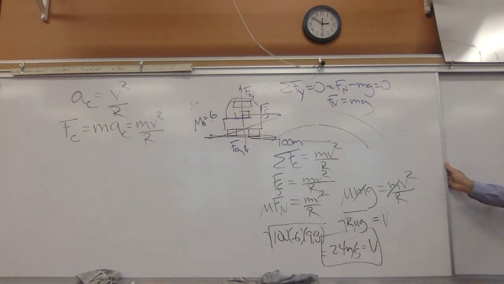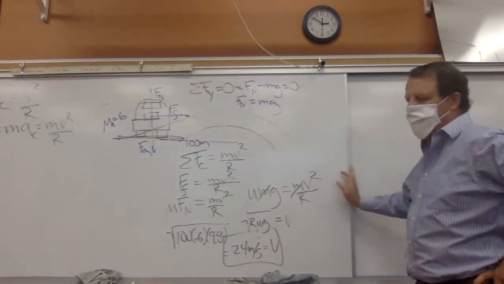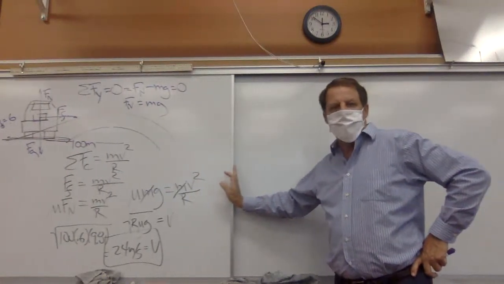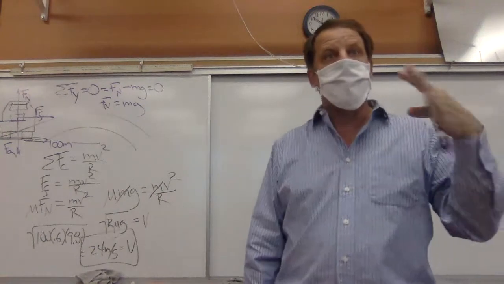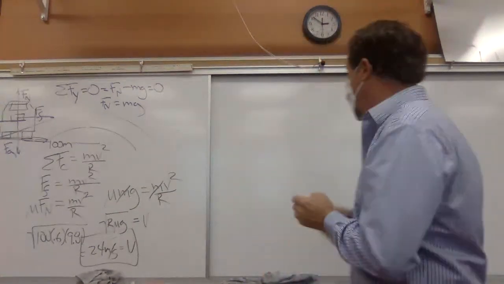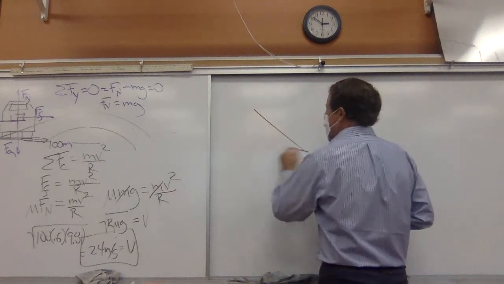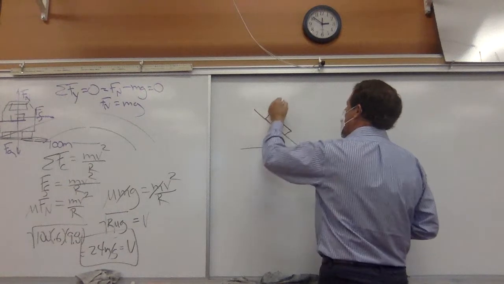I am going to show you what the free body diagram looks like if we add friction to a banked curve. So again, we have our banked curve and we've got our car here.